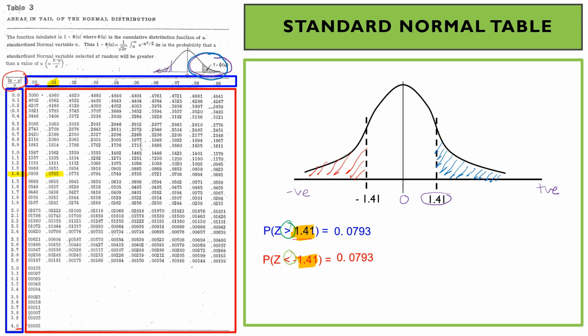Let's try another example. Let's say you need to find the probability of Z in between negative 1.41 and 1.41. So negative 1.41 is here, and 1.41 here. Where is the shaded region?